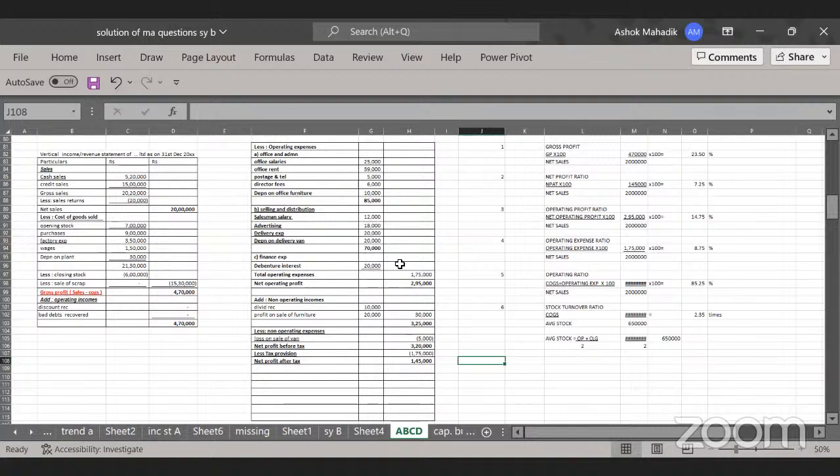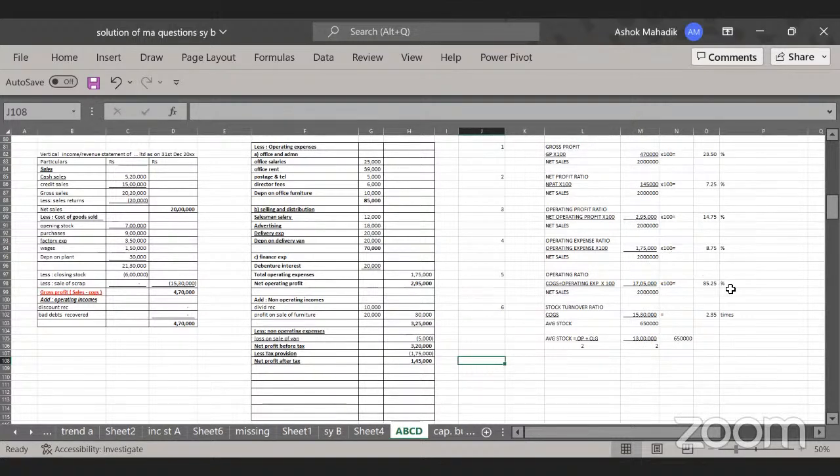So 2,95,000 upon net sales into 100 will give you operating profit ratio. Clear? Next is operating expense ratio. So operating expense, you will take total of these three operating expenses: office admin, selling, distribution, and finance. So take total of operating expenses upon net sales into 100. Clear? It is 8.75%. I guess.